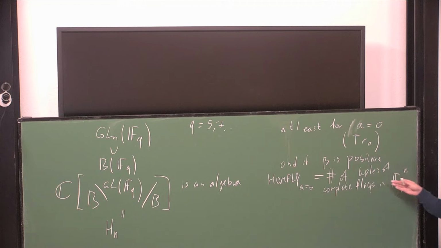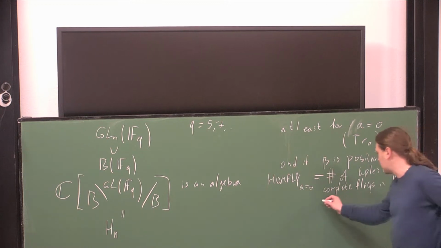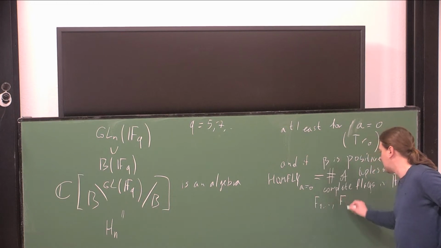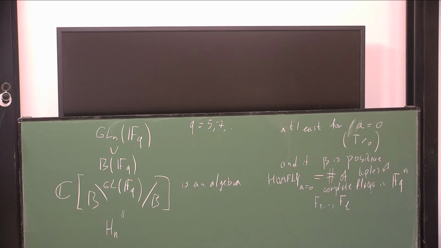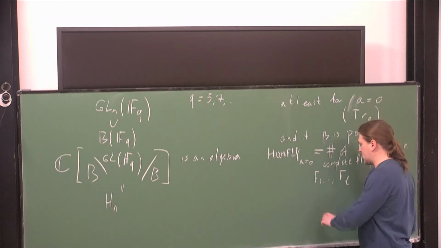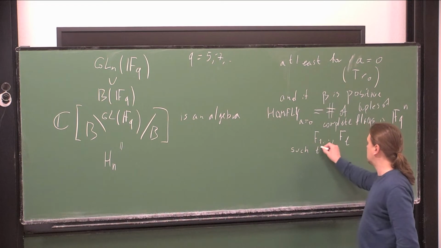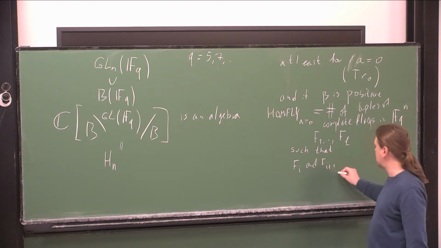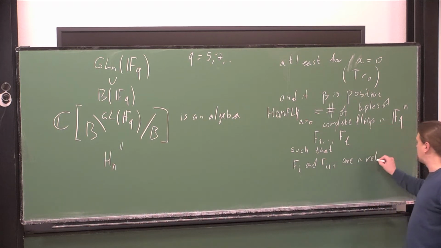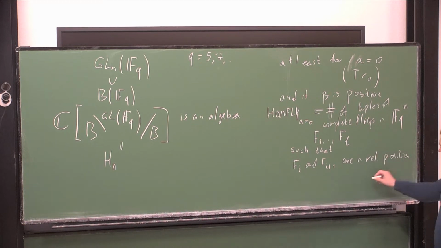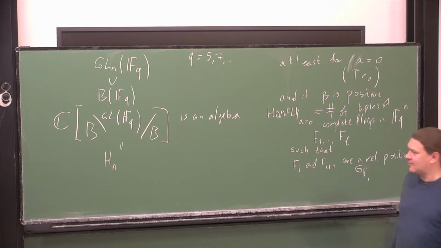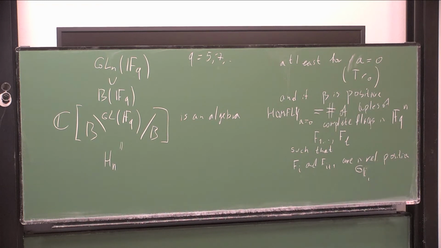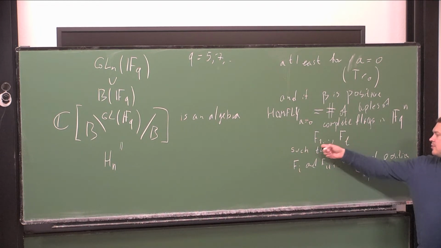So you consider flags of vector spaces, and so you have these flags F_1 through F_l, such that F_i and F_{i+1} are in relative position sigma_i. So the number l is the number of generators in my braid.